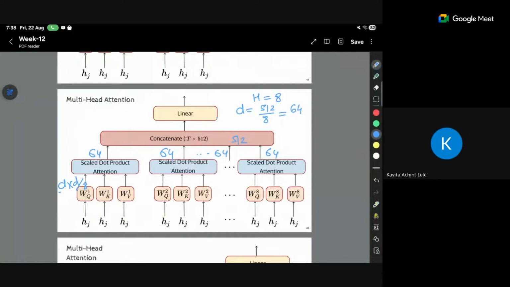You can write code for this and check what the first head is producing and what the second head is producing. But you will see that they are completely different representations of the same embedding, right?